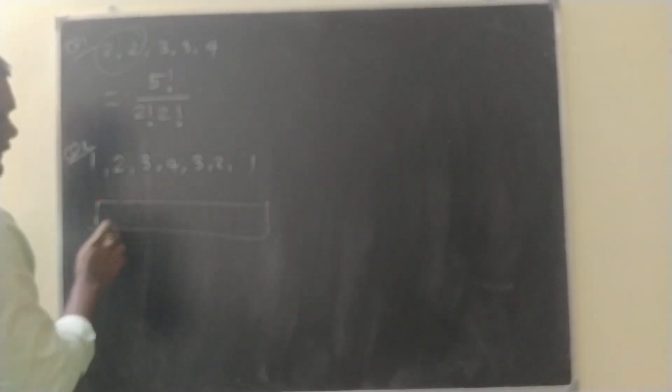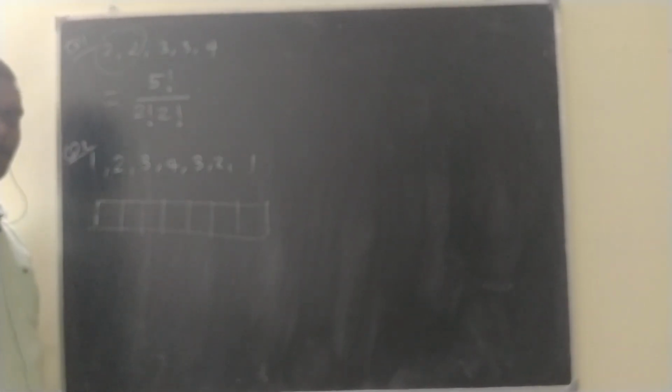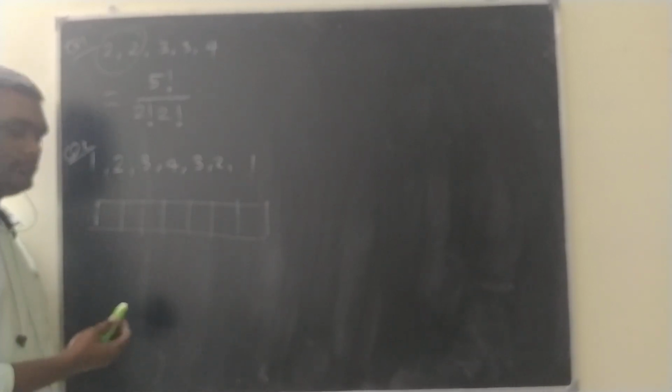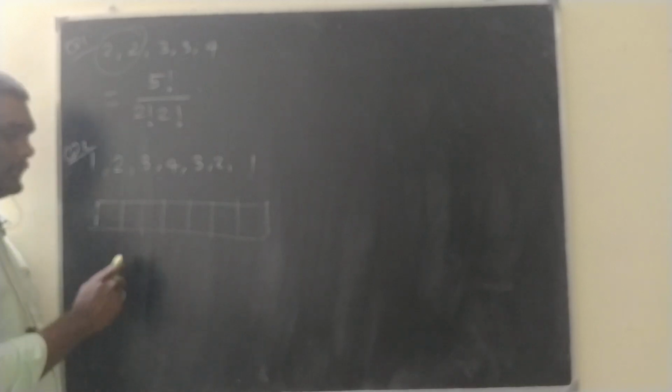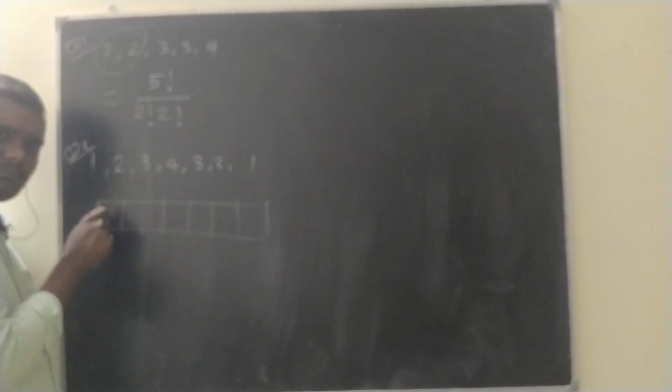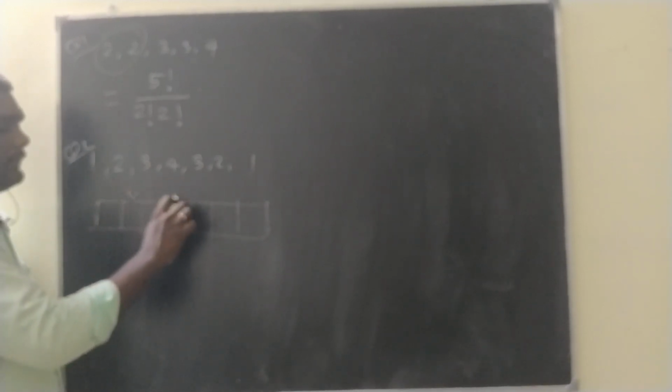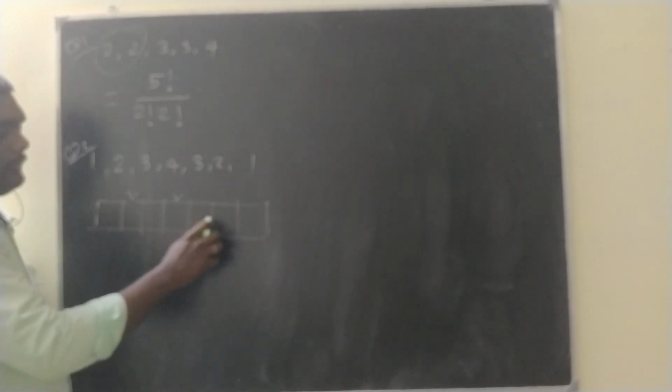So we'll take 7 boxes. Even numbers should occupy even places. What are all the even places? This is the first place, even? No. This is the second place, this is even. Likewise fourth place, sixth place. Only 3 places.